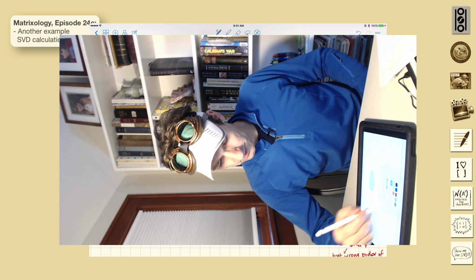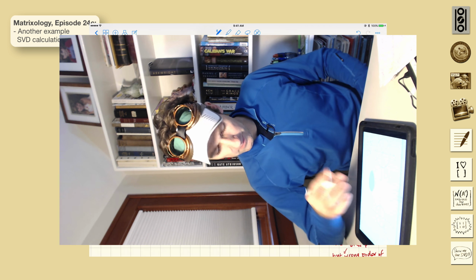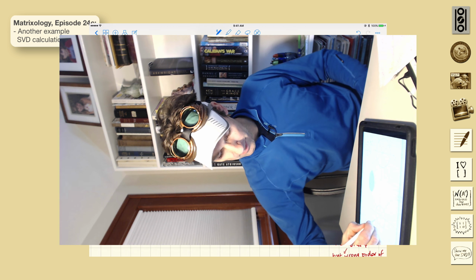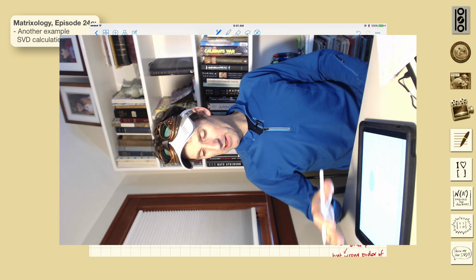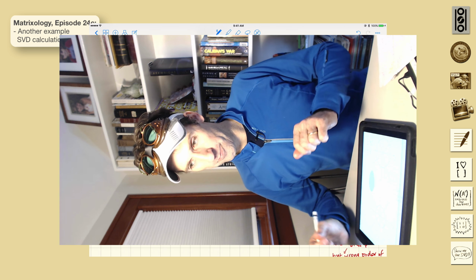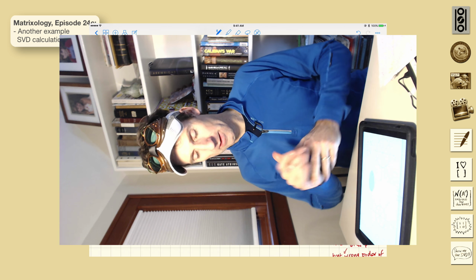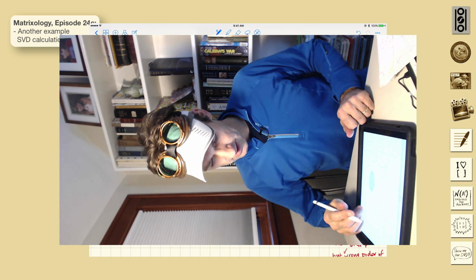We understand now that these vectors over here, this orthogonal basis for R2, gets sent to this orthogonal basis over here, again in R2. We were happy with i hat, j hat, but this is the right basis to start with, and this is the right basis to end up with.